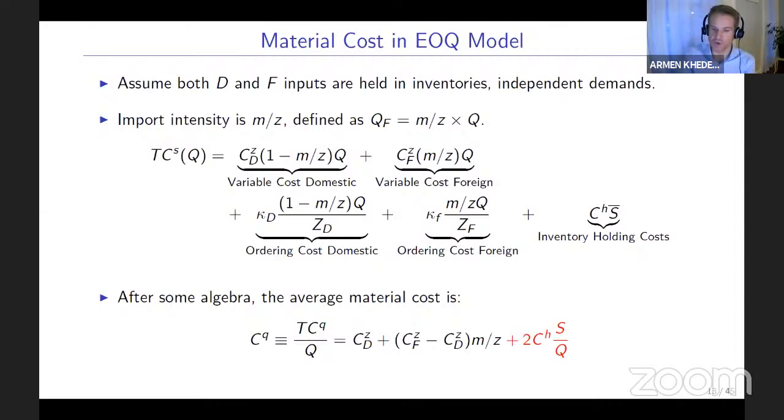Here, all I want to show you is really what I wanted to take away here is that the average material cost depends on these holding costs, and that they are a function of the inventory usage ratio. And this same is going to hold in a more complicated model that you're thinking of, but it doesn't give you this analytical solution.